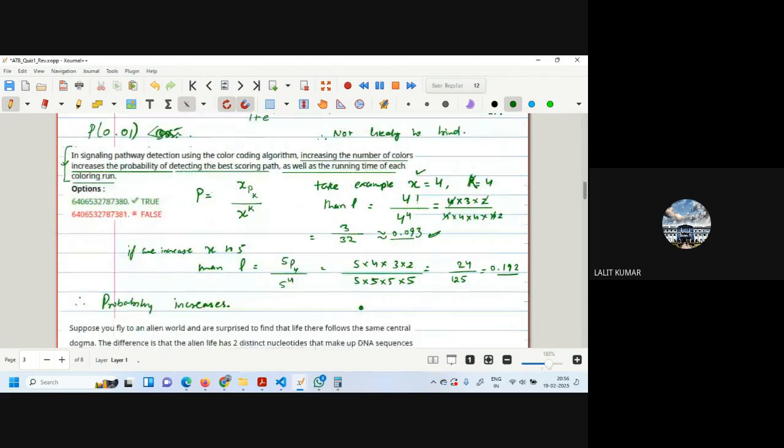As soon as you increase the number of colors to 5, x becomes 5, then your probability becomes 0.192. So as you increase the number of colors, your probability increases. And the second part is also true, that the running time of each coloring run also increases, because now you have more colors, so you can select more, so it will increase your running time also.